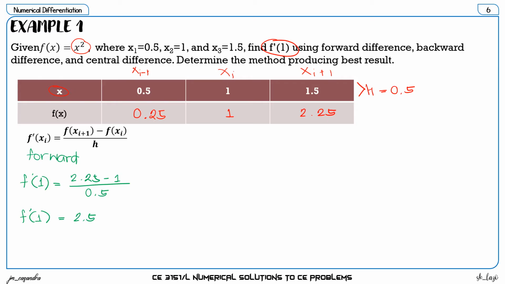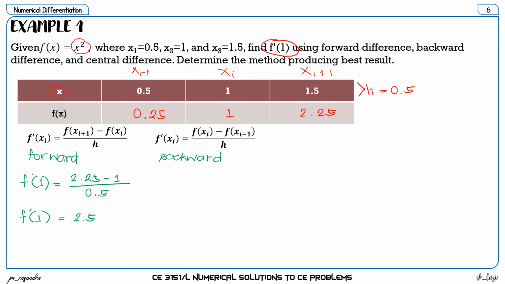Then next we have our backward difference, which has an equation of the function of x sub i minus the function of the x before it, divided by h. So this is our backward equation.